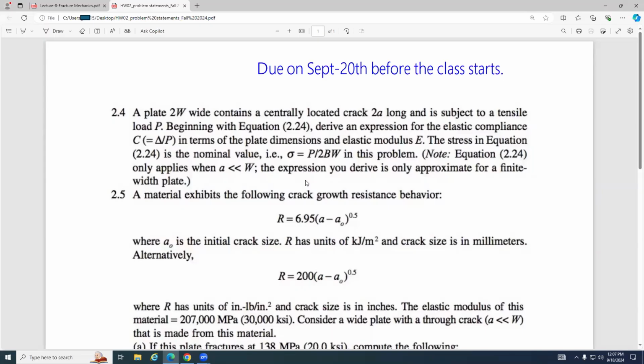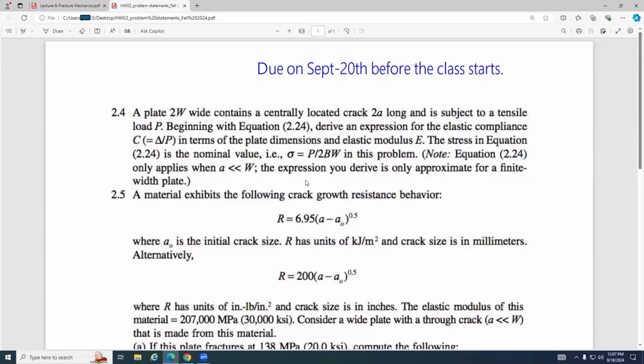Good. So what's the sigma? I said sigma equals P divided by 2WB. We assume the load is uniformly distributed over BW.